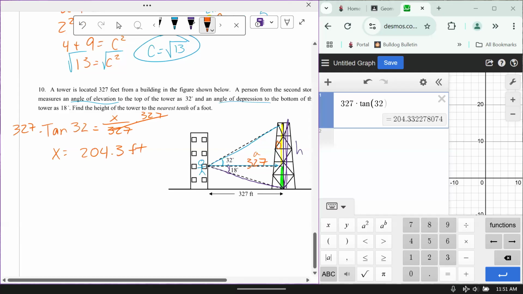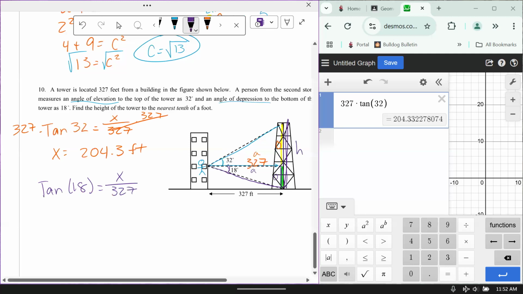Now, we need to do the same thing for our bottom triangle with the angle of depression. So we have this 18 degrees. We still have the 327. That's adjacent. And then this guy right here for our height is going to be, again, opposite. So we're going to have tangent of 18 equals our opposite x over 327.